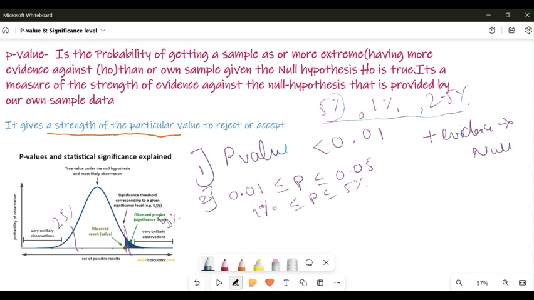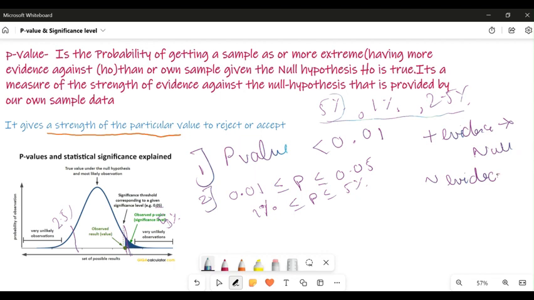If the p value lies between 1 percent and 5 percent, it indicates moderate evidence against the null hypothesis, suggesting that the observed effect or difference is less likely to have occurred by chance alone.